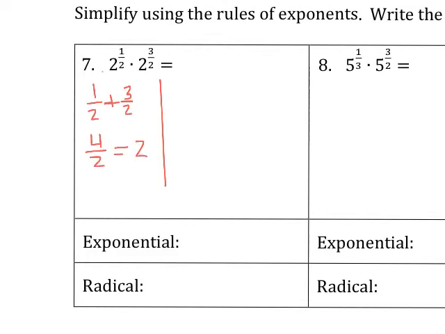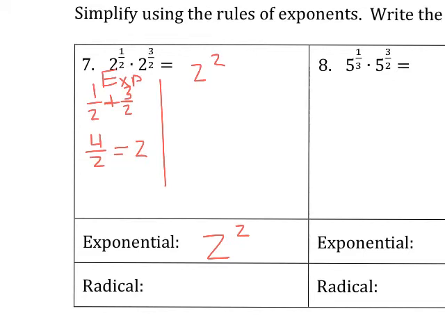So this is my exponent work, right? So that means this answer is 2 to the 2nd power. Okay, exponential form is going to be 2 to the 2nd power, just like you know.